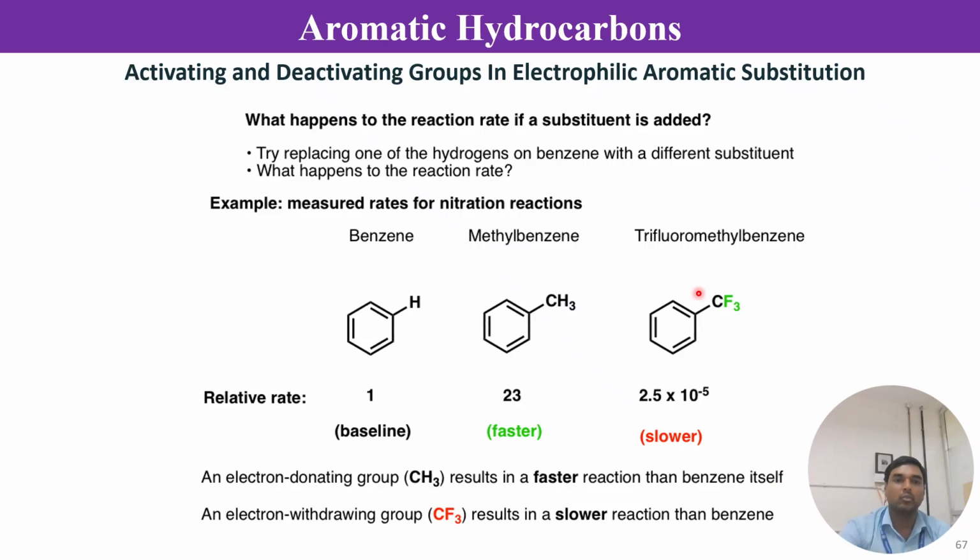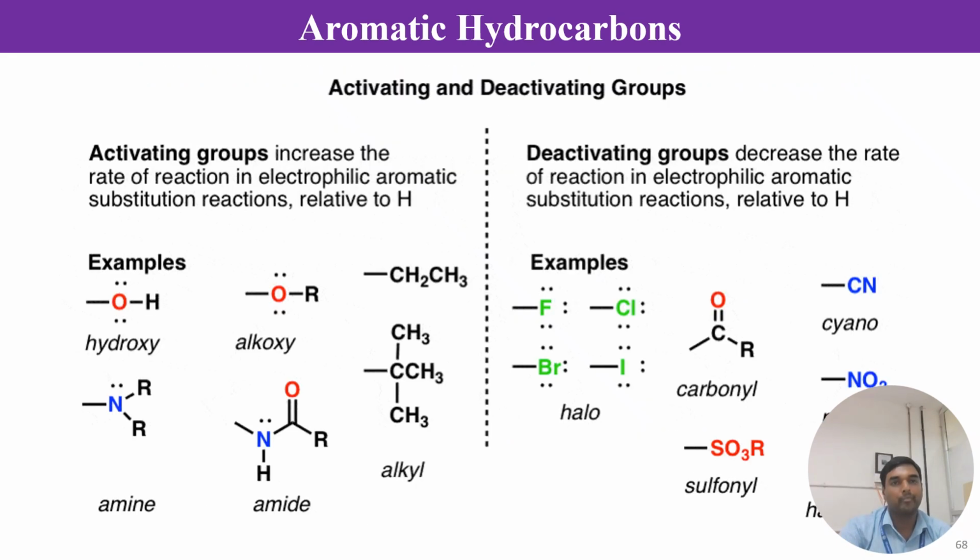Because the methyl group is an electron donating group or activating group, so that helps faster electrophilic substitution compared to benzene, because benzene does not have any electron donating group. But on the other hand, CF3 is a highly electron withdrawing group, so it will withdraw the electron density, become less nucleophilic, and as a result, this electrophilic substitution reaction will be slower.